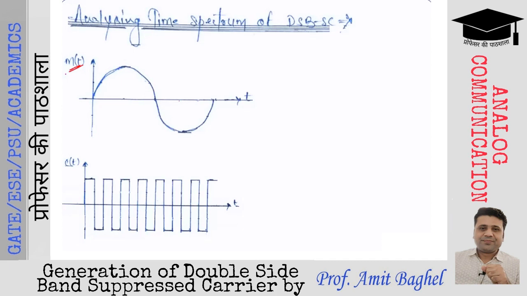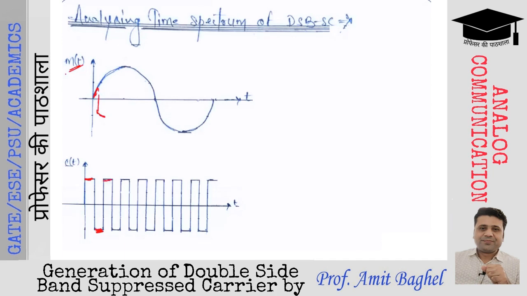DSBSC signal says we are going to multiply the m(t) with c(t) in time domain. So when m(t) is multiplied with c(t) in time domain, observe this. When m(t) is multiplied with +1, you are going to get m(t). But when m(t) is multiplied with -1 during this time, you are going to get the minus of m(t) in this case, not m(t).